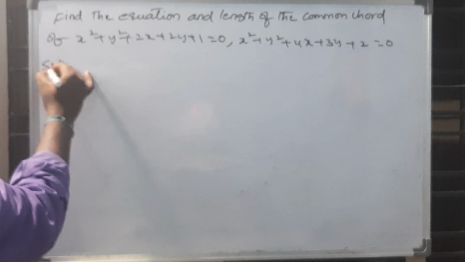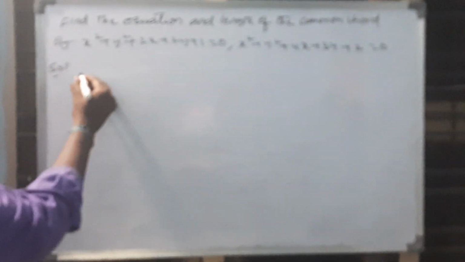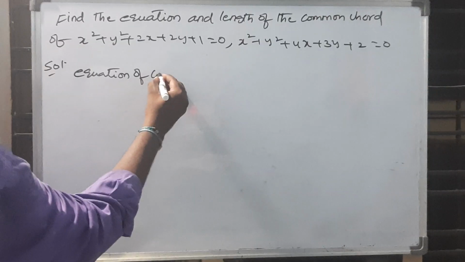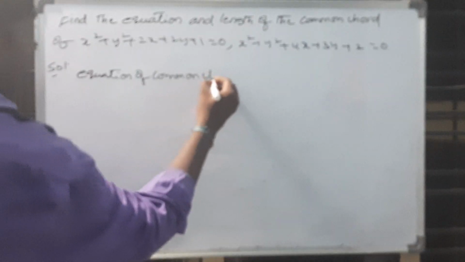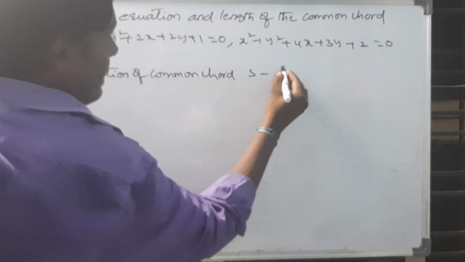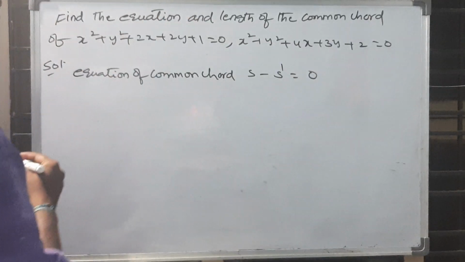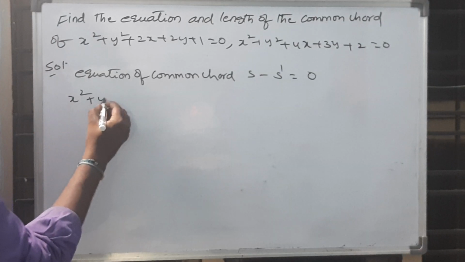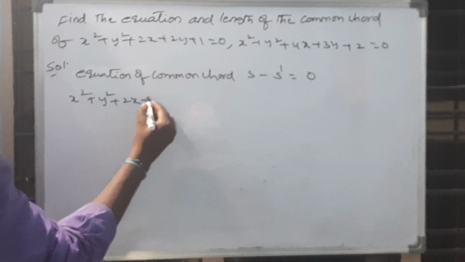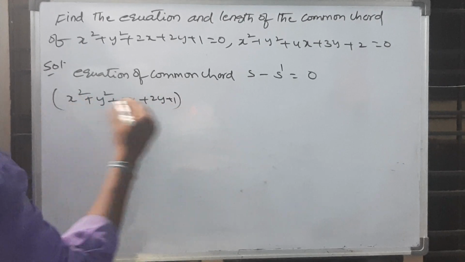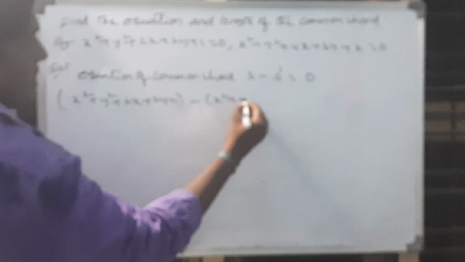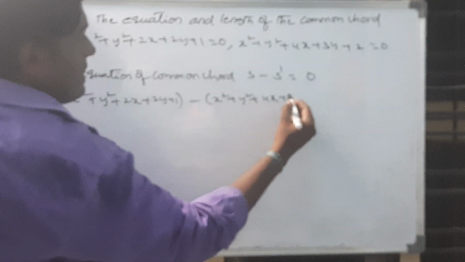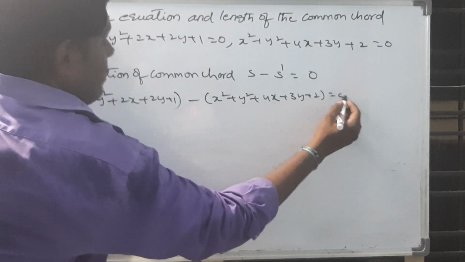What do we have to find? Find the equation and length of the common chord. So what is the formula to find the equation of common chord? Equation of common chord is nothing but s minus s dash equal to 0. So x square plus y square plus 2x plus 2y plus 1 minus of x square plus y square plus 4x plus 3y plus 2 equal to 0.